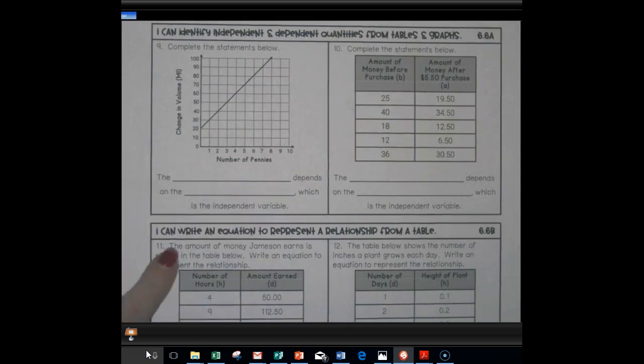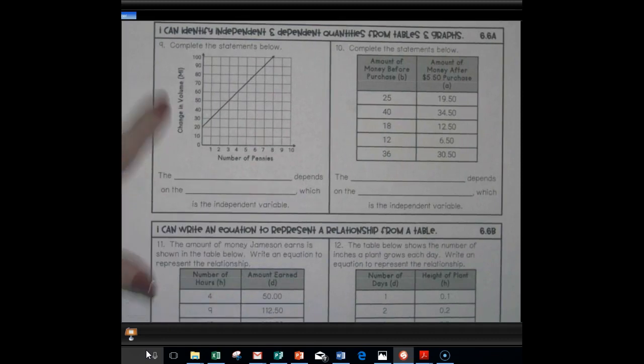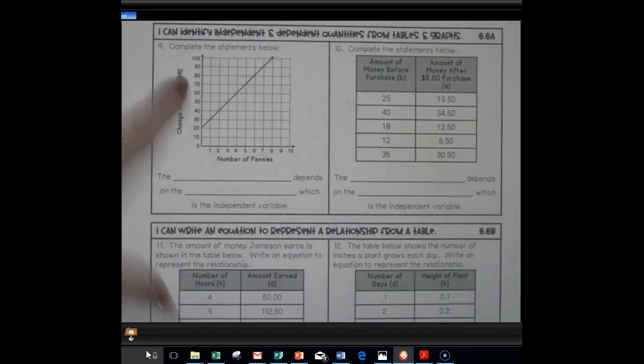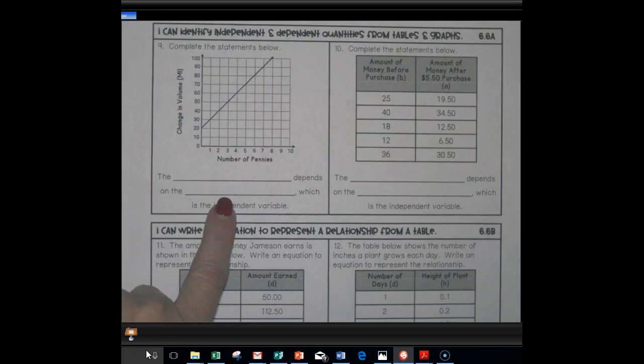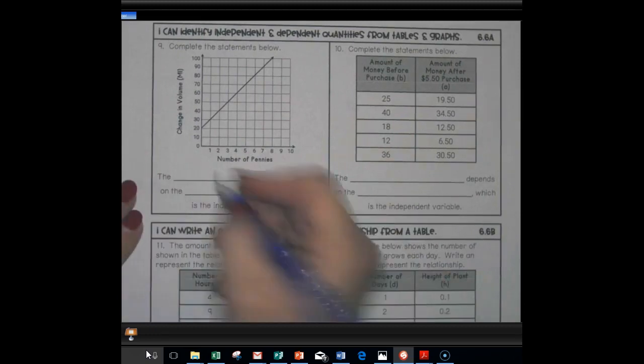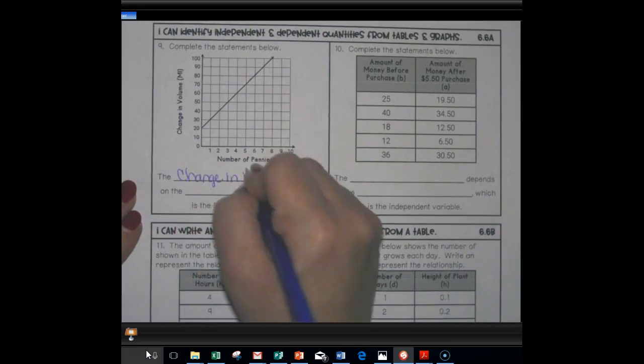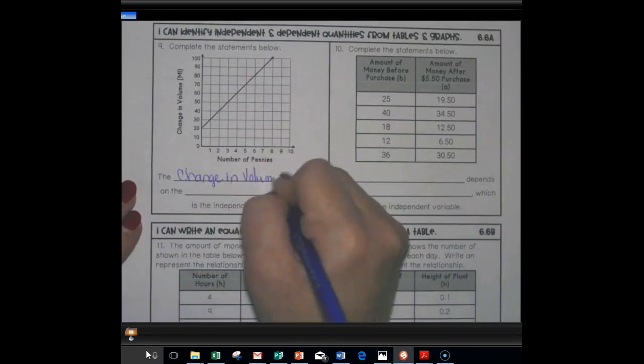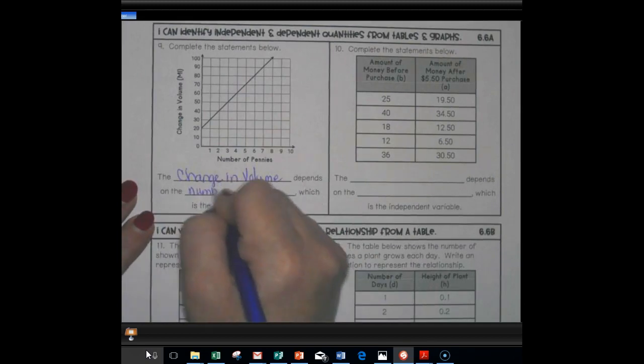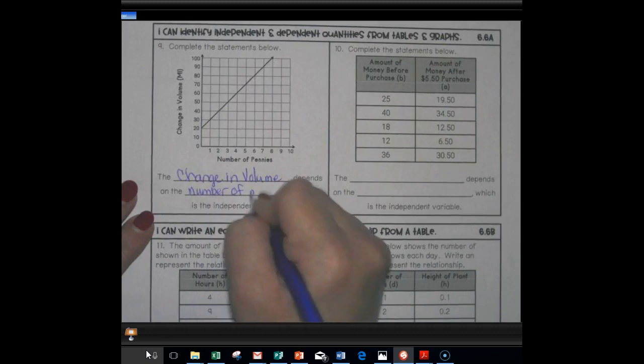So let's read this. The change in the volume depends on the number of pennies? Yes. The change in volume depends on the number of pennies.